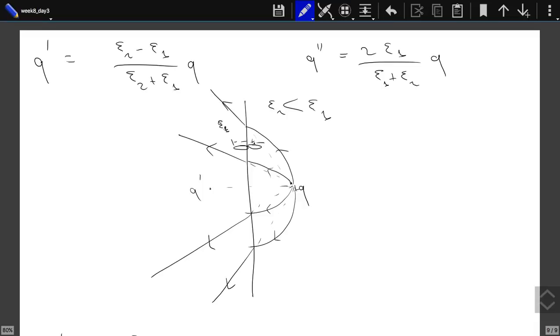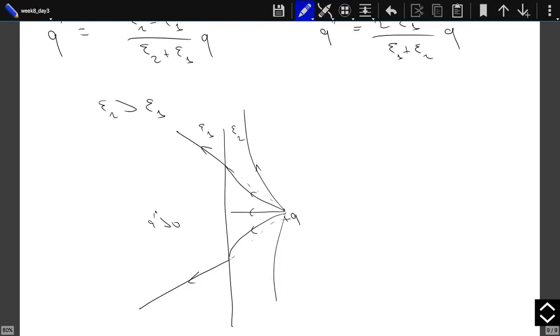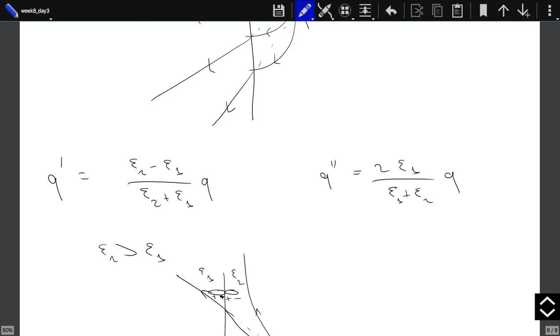Whereas on the other case, if epsilon 2 is larger than epsilon 1, again, just consider the dipoles, minus plus at the interface, plus minus. If epsilon 2 is larger, then the positive in magnitude is bigger than the negative over here.